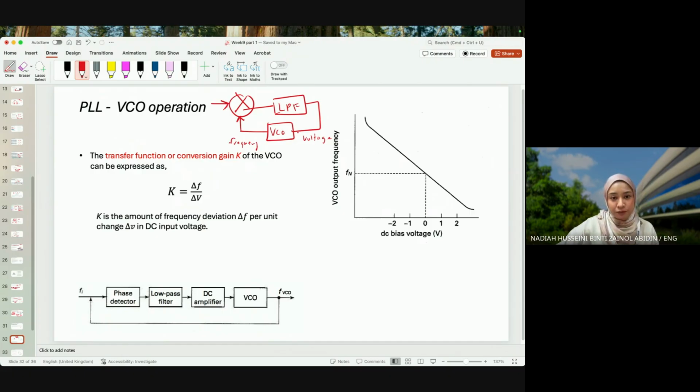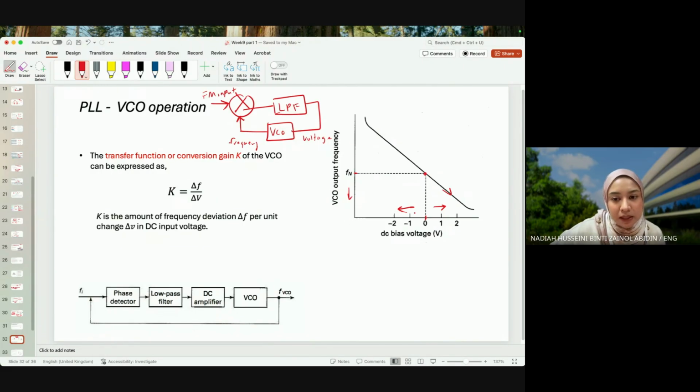Okay, so frequency VCO and this is FM input, right? So this is the DC bias voltage produced by the LPF. If it is 0, then the VCO would operate at its natural frequency Fn, the default frequency. If the DC voltage is higher than 0, then the VCO is tuned to a lower frequency than Fn.